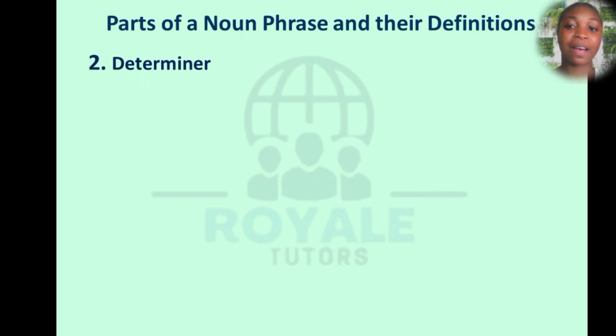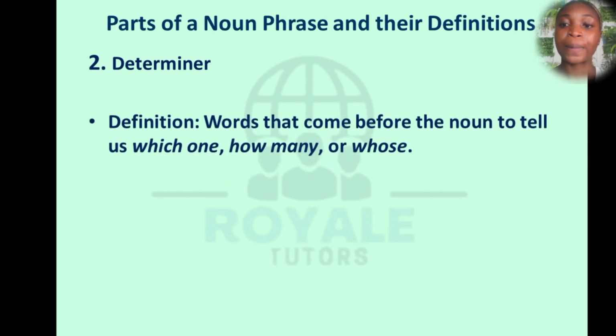Number 2, we have determiner. Now let's see what the meaning of a determiner is. Determiners are words that come before the noun to tell us which one, how many, or whose. So determiners are those words that come before, emphasis on before.